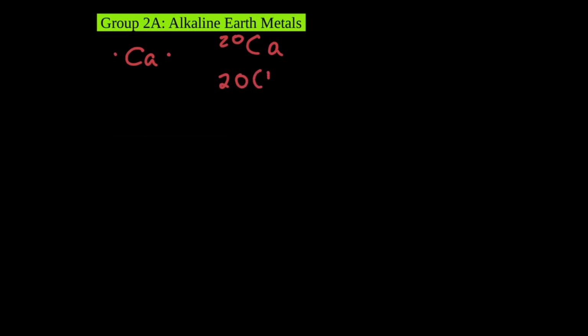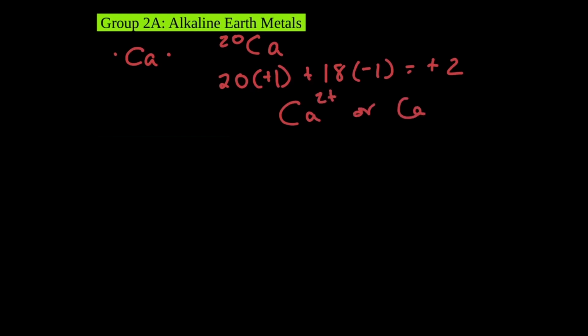Because it's neutral on the periodic table, 20 electrons. But if I lose 2 electrons, I now have 20 protons plus 18 electrons, and that gives me a +2 charge. So when I write this, I'm going to write Ca2+ with superscript on the 2+, or Ca+2. Doesn't matter which one you use, okay?